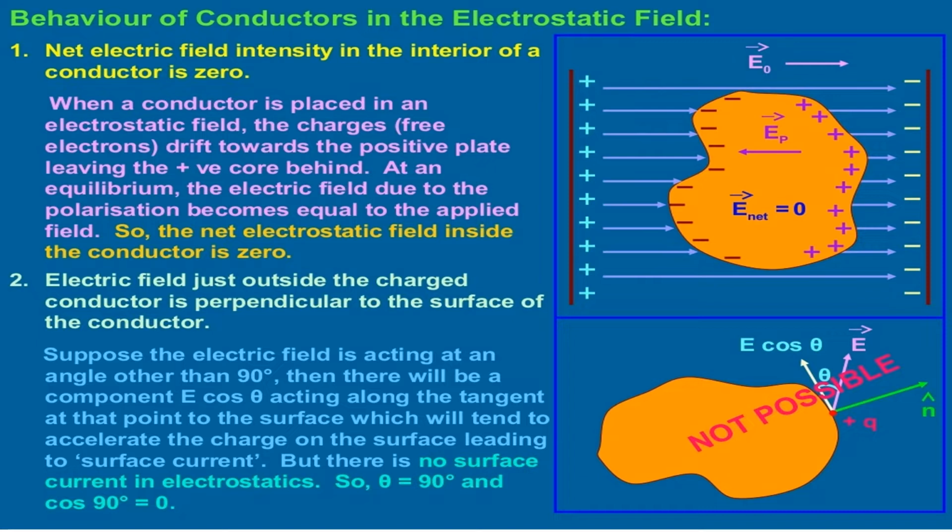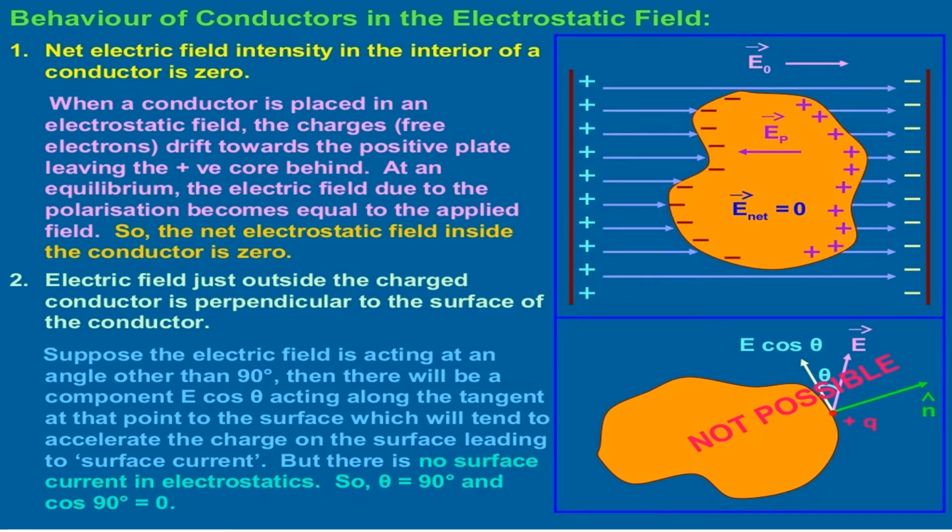As the flow continues, EP keeps increasing till it becomes equal to E0, and hence the net electric field inside the conductor becomes zero. This is known as electrostatic conditions. Therefore, under electrostatic conditions, there is no net electric field inside the conductor.